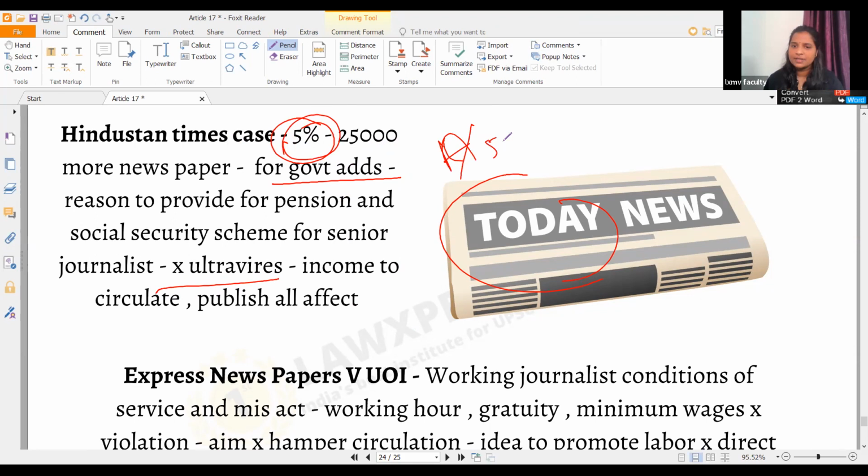From this amount, 5% must be given as an allowance to the government, and this 5% would be used to provide pension and social security to senior journalists. That was the idea. It was a social development scheme, but this was not allowed by the court. It said advertisements are the basic income for the papers, right? If you stop or lessen their income, it will affect printing, circulation and publishing. So it is directly affecting freedom of press. That was the first point.